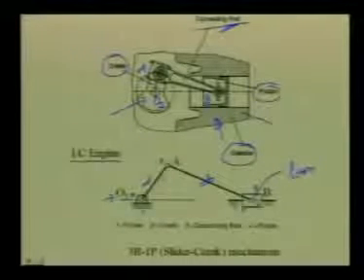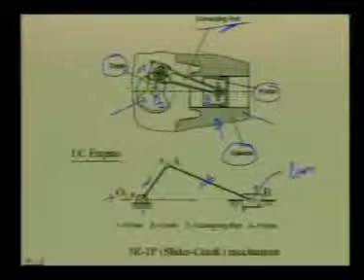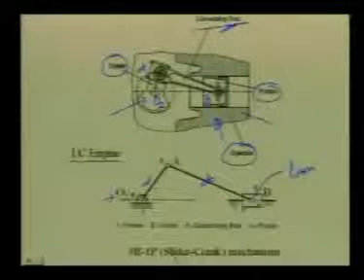So, O2AB is the kinematic diagram of this mechanism, which is normally called a slider crank mechanism.